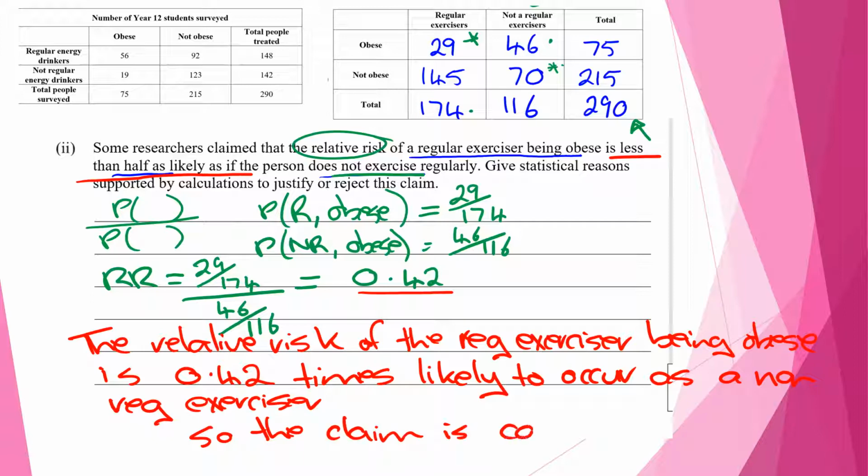I know I've taken a long time to write this statement out, but you do need to make sure you're interpreting what you're calculating. Interpret what your calculation actually means and make the statement as to whether it is correct or incorrect. You must justify whether you agree with the claim, so rejecting it or accepting it.